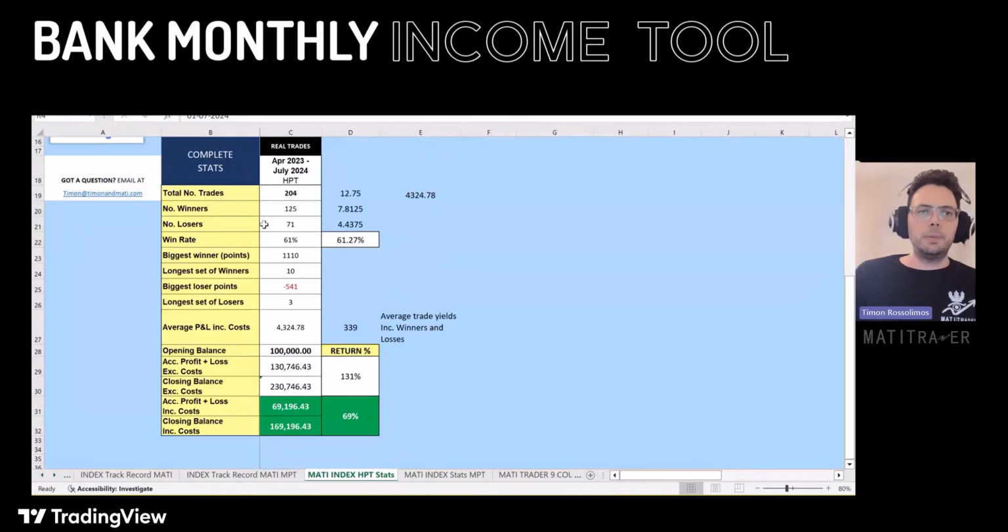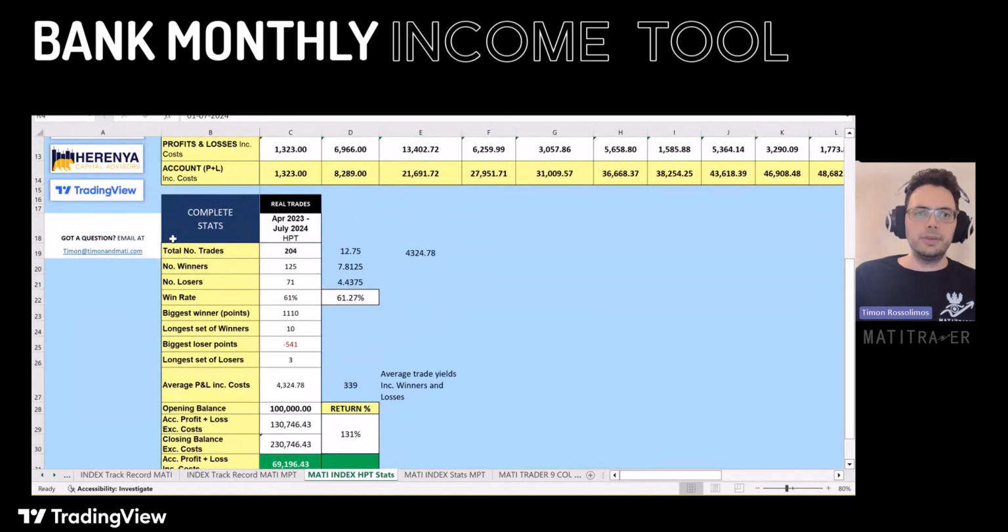Now if we drop it down here, you can see the complete statistics from April 2023 to July 2024, and these are high probability trades. The total number of trades is 204, the number of winners is 125, the number of losses is 71, the win rate is 61%.